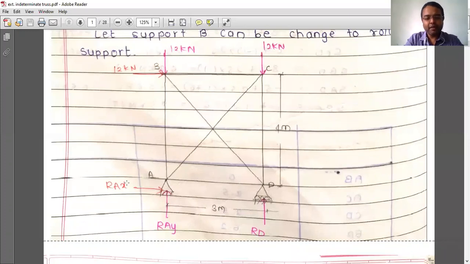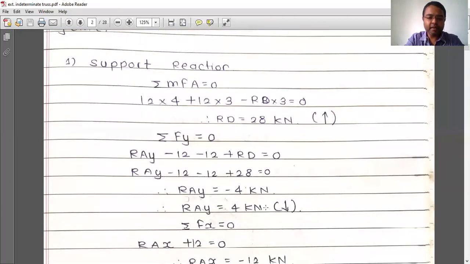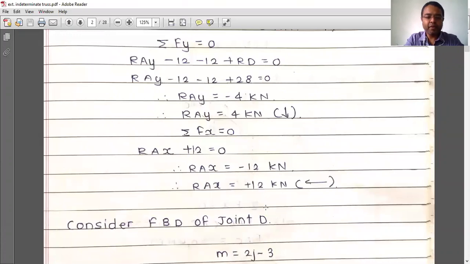So that we have got, but previously we had assumed it going towards right. Of course, this is just an assumption. After application of the equilibrium equation, we get the final answer. So we have got RAX as 12 Newton going towards left side.